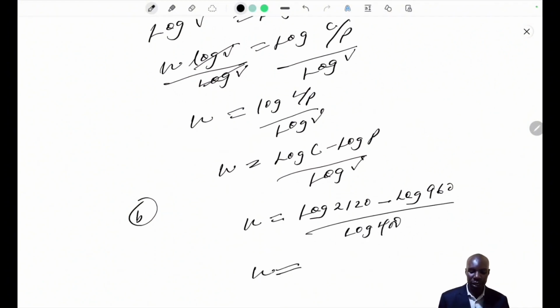So we'll have, open the bracket, log of 2120 minus log of 960, close the bracket, divide by log of 400, equals 0.1322, and that is the answer for that.